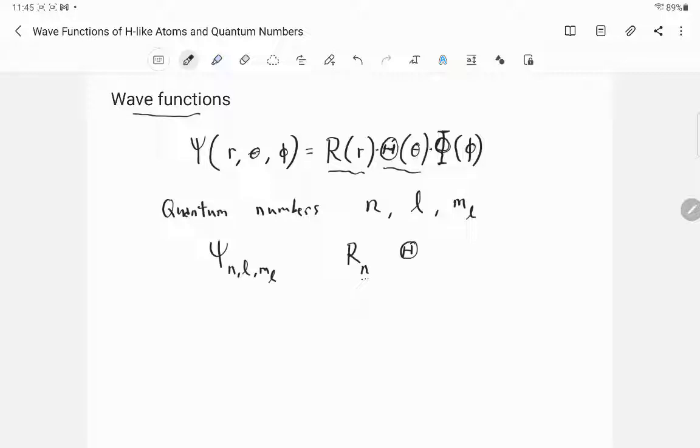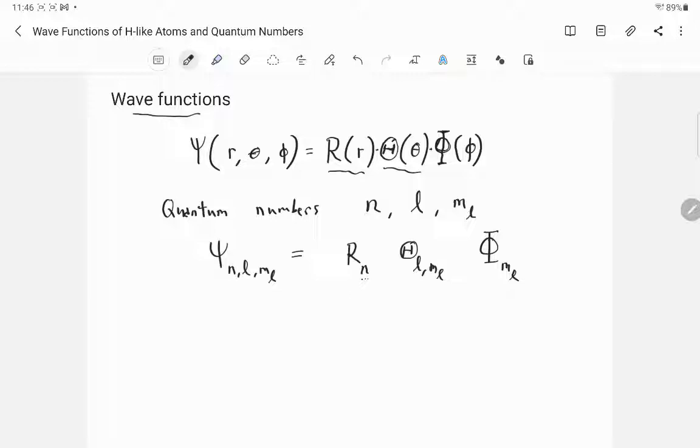It is a function of theta, but it's labeled by two different quantum numbers, L and m sub L. And then the factor phi only depends on the third quantum number, m sub L. So the wave function is specified for a choice of quantum numbers, and each of the factors in the separation of variables depends on the quantum numbers this way.